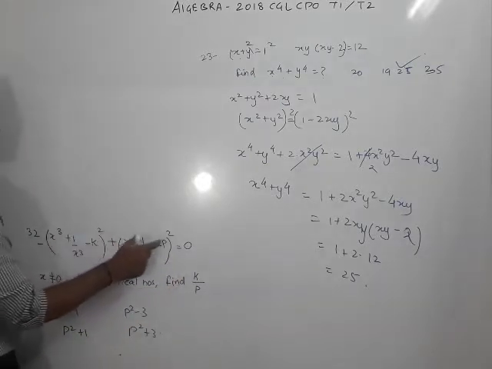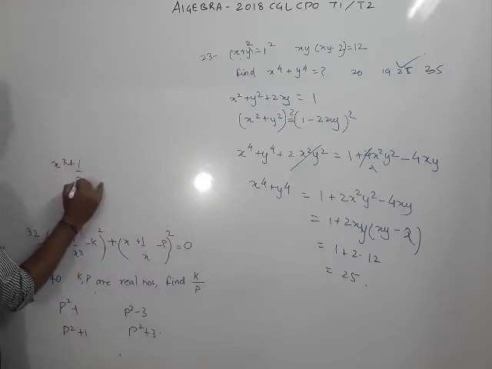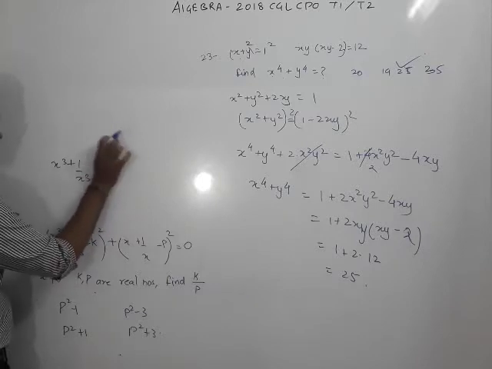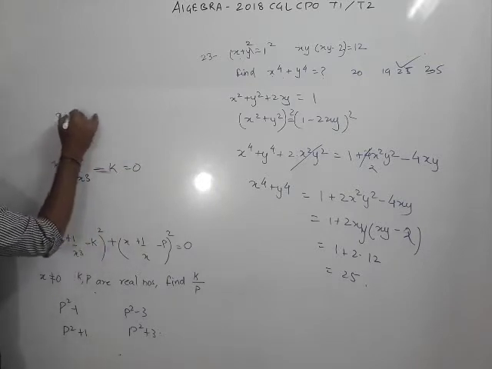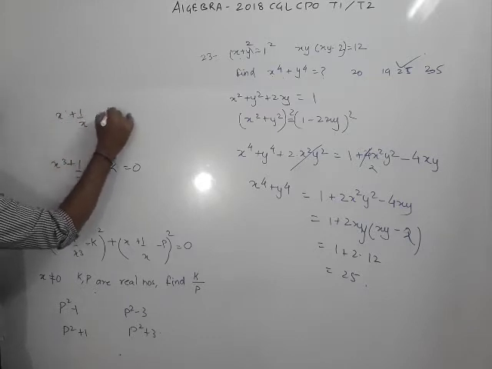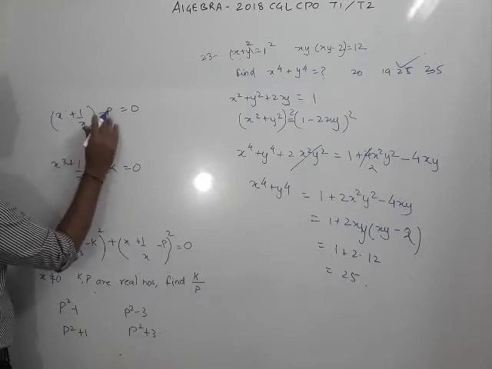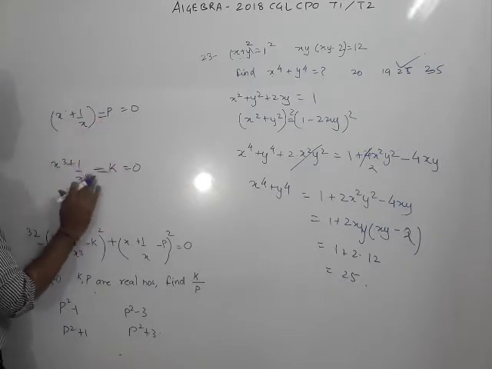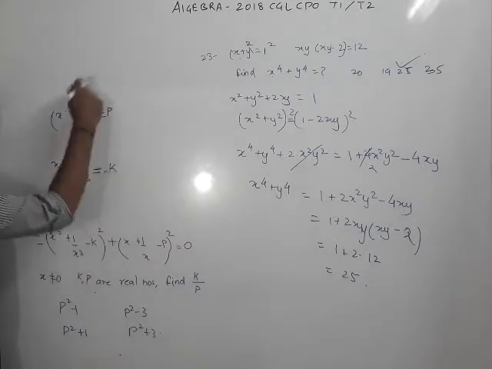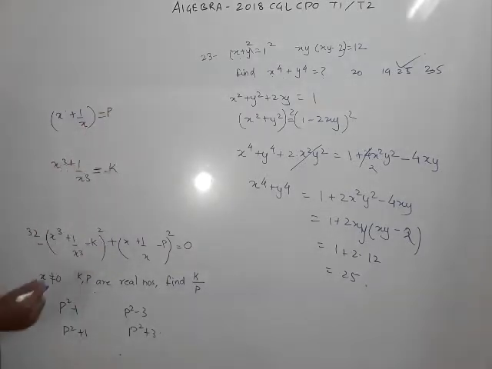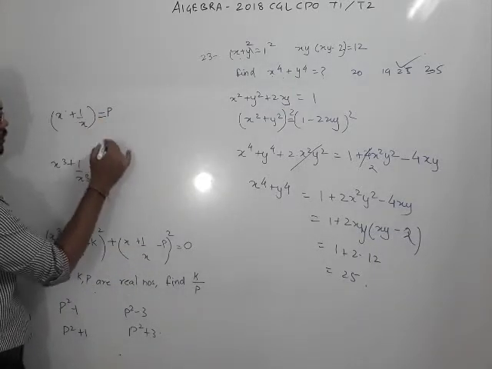This square plus this square is 0, it implies x cube plus 1 by x cube minus k is 0, and x plus 1 by x minus p is 0, which means x plus 1 by x is p, and x cube plus 1 by x cube is equal to k, both going on the right hand side.